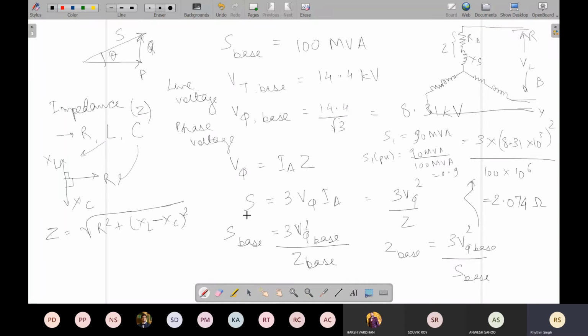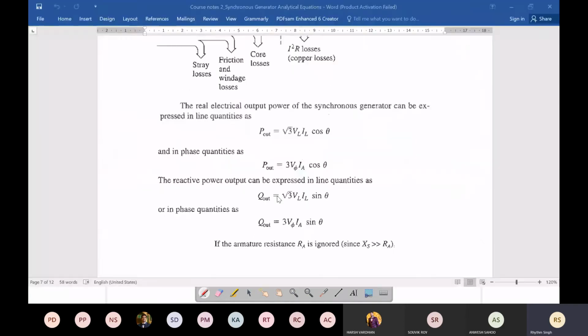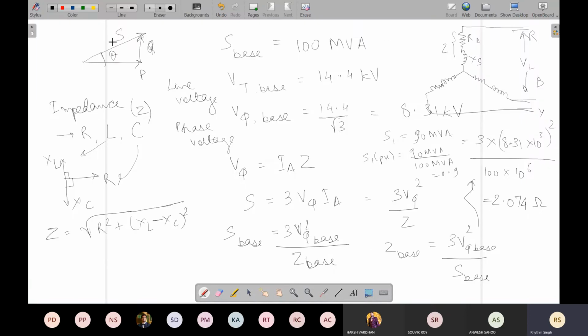Next thing, we know that power output is given by this particular quantity because we had studied that real power output is 3VφIA cos theta, reactive power output is 3VφIA sin theta, and the phasor is nothing but your apparent power. So this S is equal to 3VφIA. We can substitute IA in terms of Vφ and Z here because we want to find Z base.